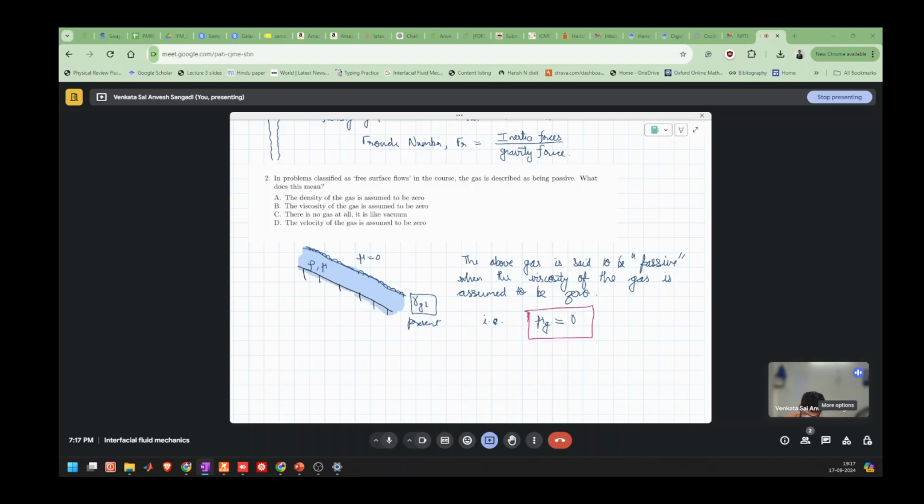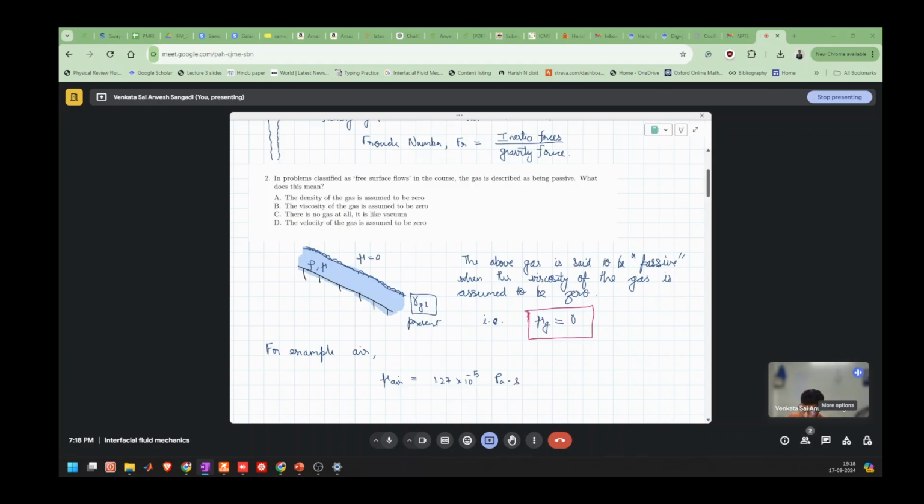And this is a good enough approximation for real cases like air. The dynamic viscosity of air is around 1.27 into 10 to the power minus 5 Pascal second.